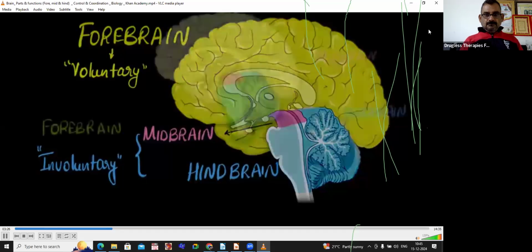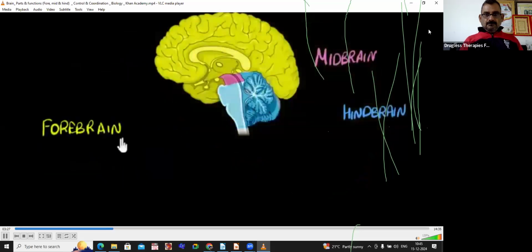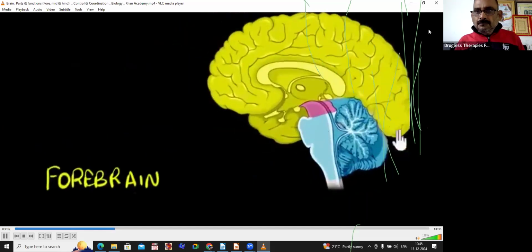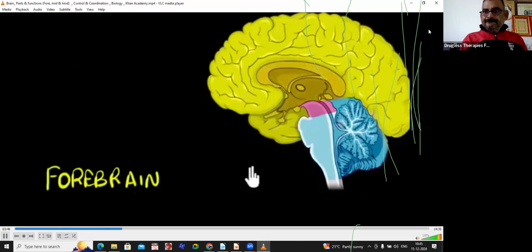So let's zoom out a little bit. I've made some space so that we can write more parts. Let's start with the forebrain. If you look at the forebrain, you can again see the outer section, which contains a lot of folds, and the inner section. Let me shade that inner section a little bit darker so we can identify that.